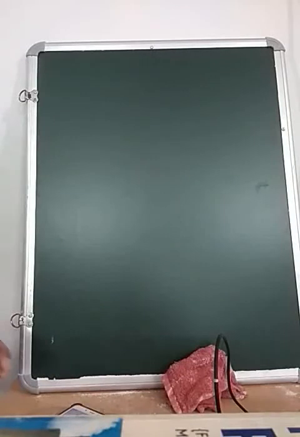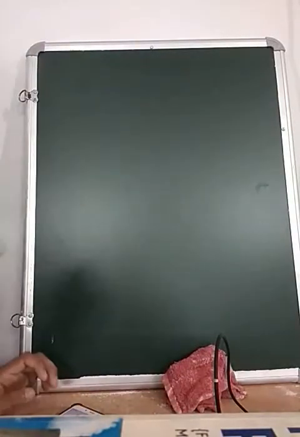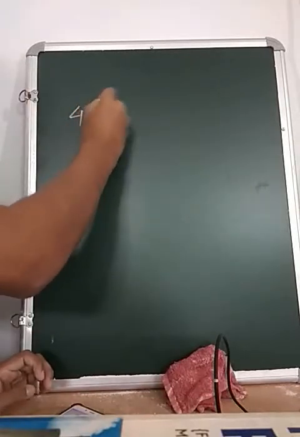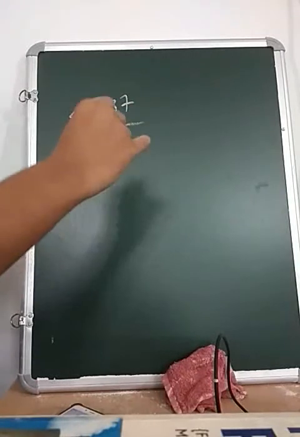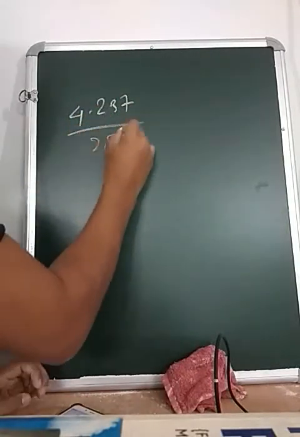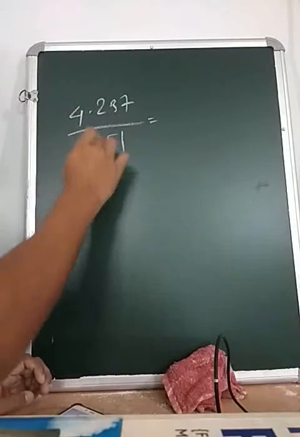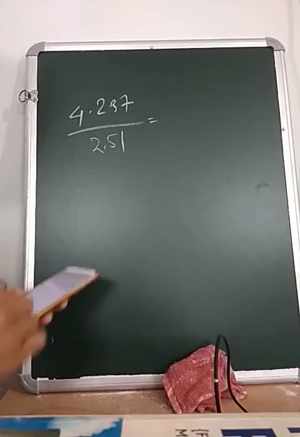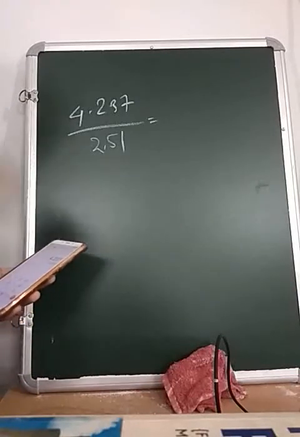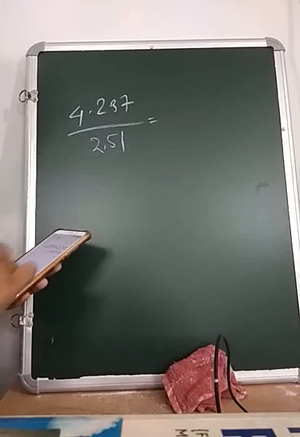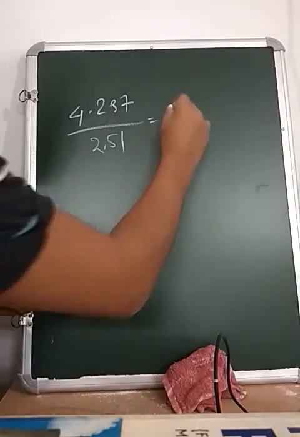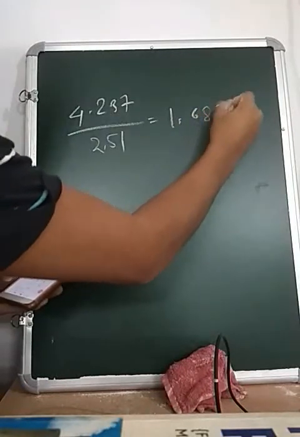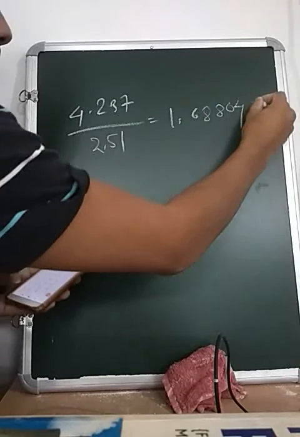Now another example. Suppose you have two numbers, 4.237 and 2.51. Okay, you have to divide them and make the result significant. So what will be the result? 4.237 divided by 2.51. The result will be 1.68804781.